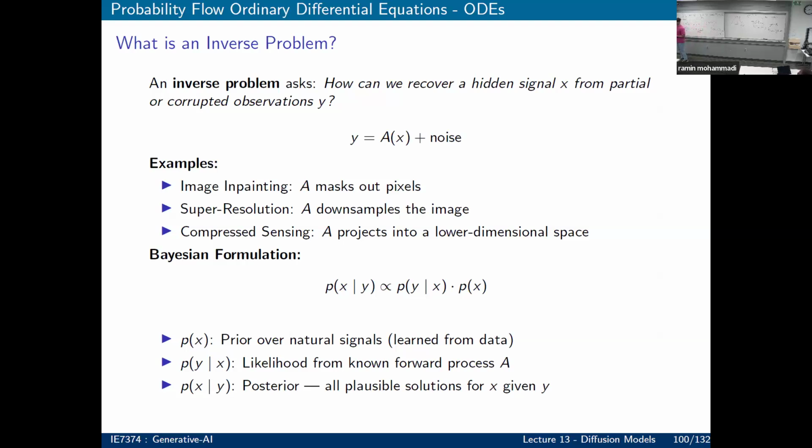Now, the inverse problem says that y comes from a function over x plus noise. So y is the noisy version, the corrupted version of an image. x is the actual image. You pass x to a function A. A could be anything, like a function that cuts a corner of the image.